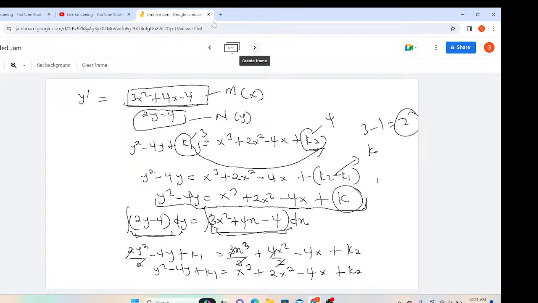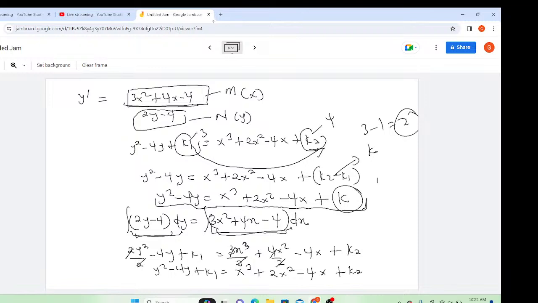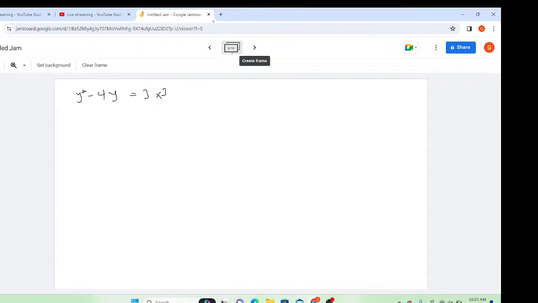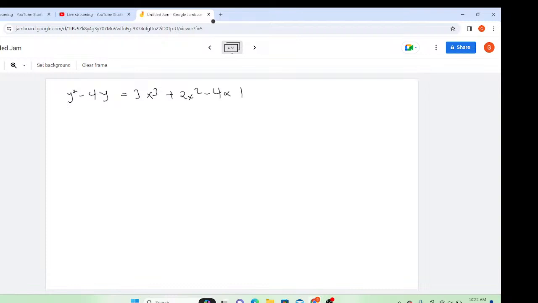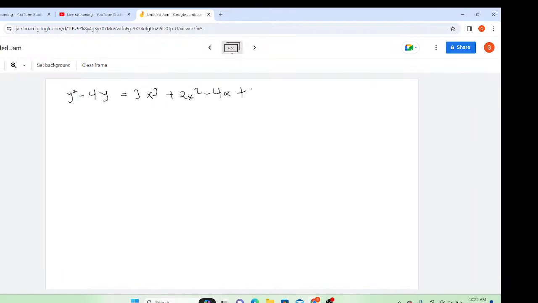Let's take note of something here. Our solution is y squared minus 4y equals x cubed plus 2x squared minus 4x plus k.